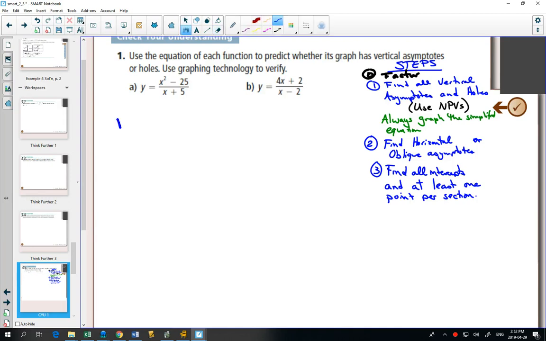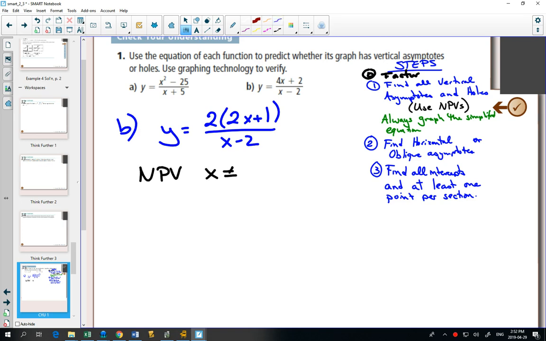Part B. Y equals 4x plus 2 times by x minus 2. So step 0, can you factor anything? I can take a 2 out of the top, leaving me with 2x plus 1 and x minus 2 on the bottom. I know that I have a non-permissible value that x can't equal 2.